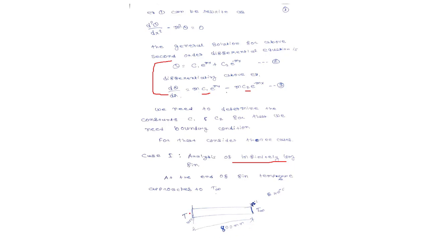As the length of the fin is too long, the end temperature remains at atmospheric temperature. So for analysis, we consider the end temperature as T infinity. In a general case, if we have an 800 mm long fin or rod, this case is applicable.